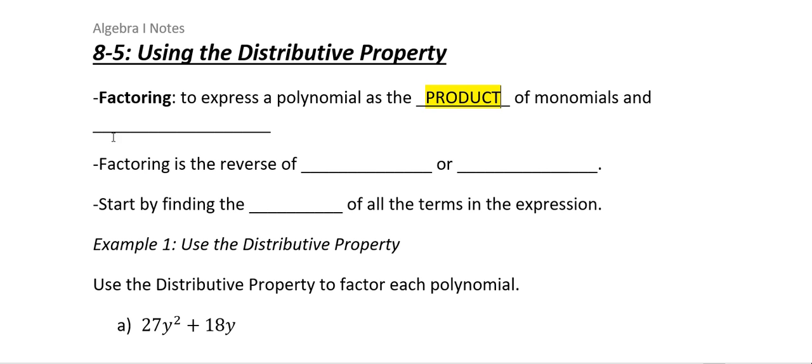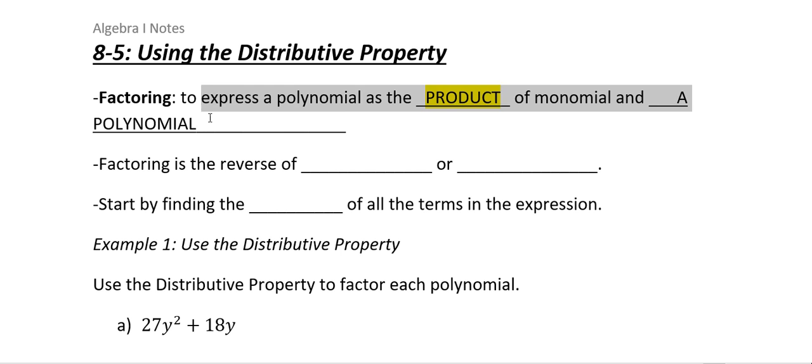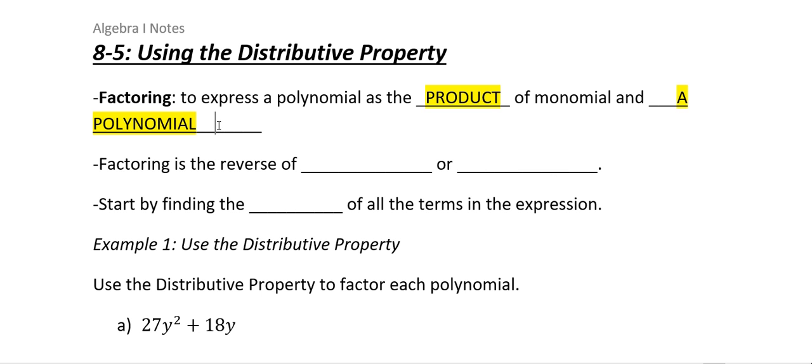It's going to be the product of one monomial and one polynomial, which might have two terms, it might have three. It just depends on how the problem is set up.